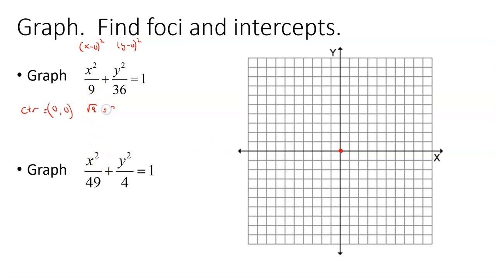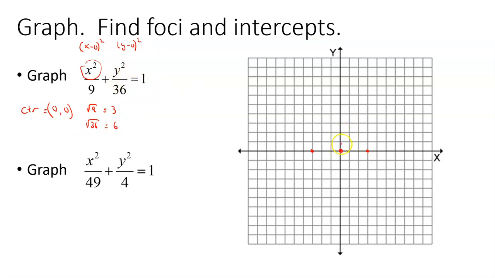All right, what's the square root of 9? Square root of 9 is 3. So that means since that 9 is underneath the x, start at the origin, go 3 units to the right, go 3 units to the left. 1, 2, 3. There's my other point. All right, what's the square root of 36? Square root of 36 is 6. That 36 is under the y.